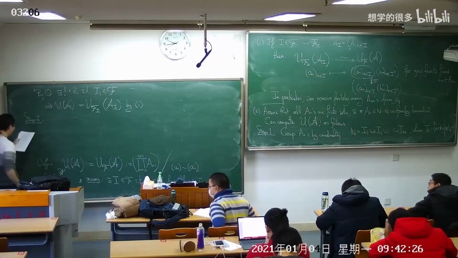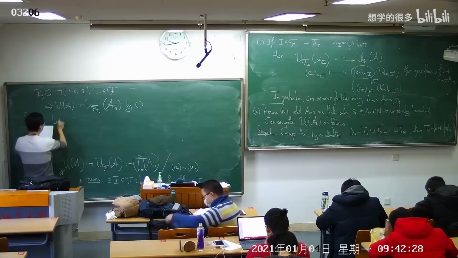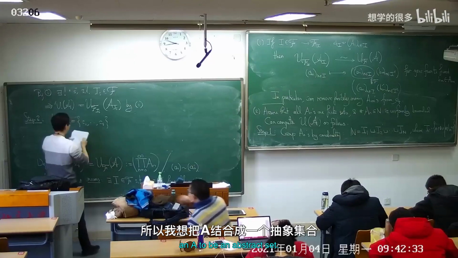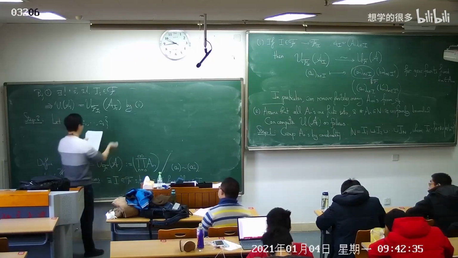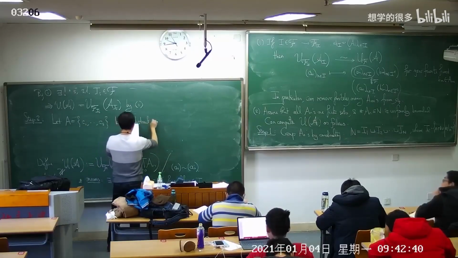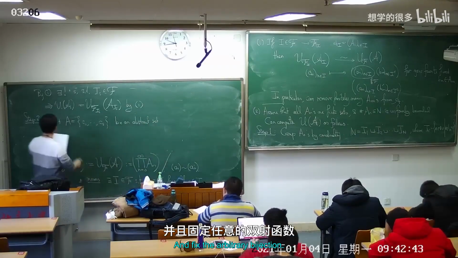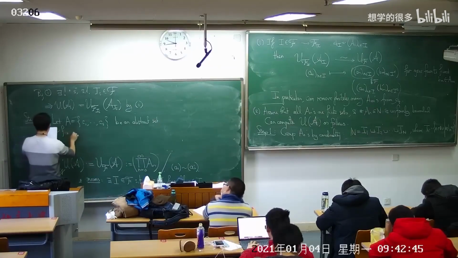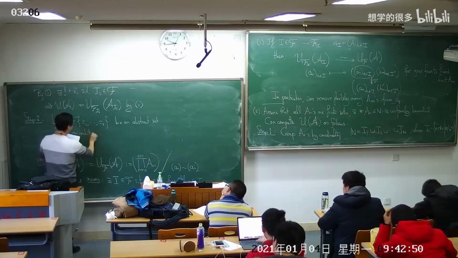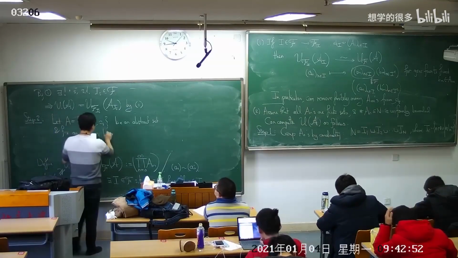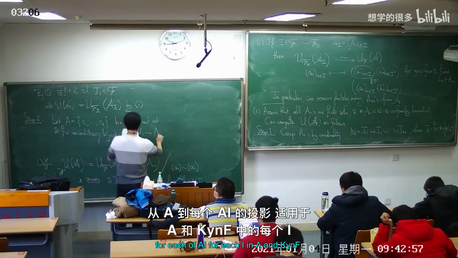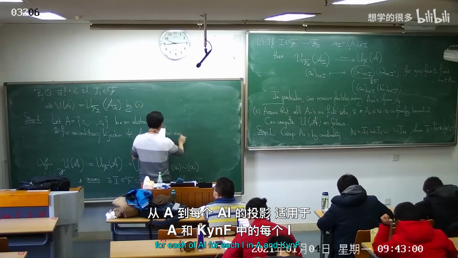Okay, step 2. Now I'm going to do a brutal thing. So I want to define an A to be an abstract set, and fix arbitrary bijection from A to AI for each I in IS.